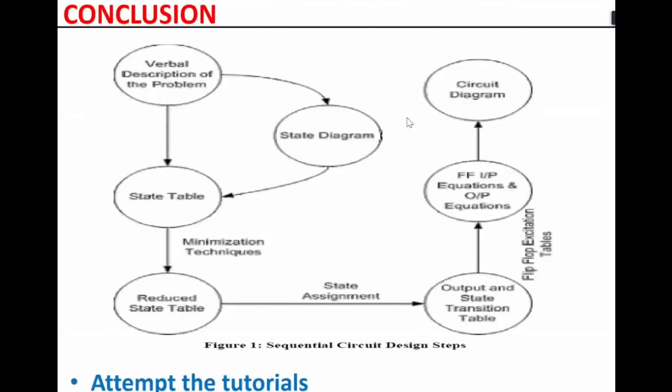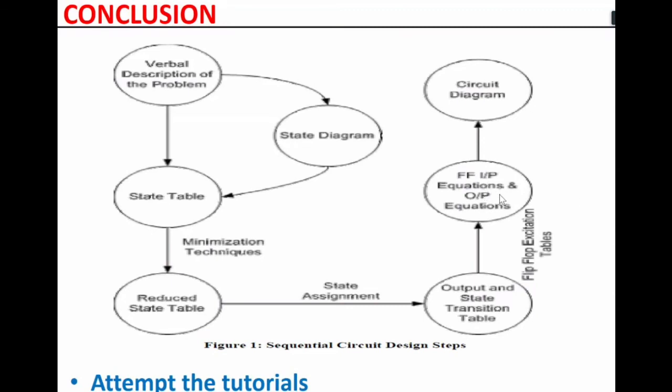So, in conclusion, analysis never changes. Those steps will always remain. You can use the table or the characteristic equation. The table is easier. You will be given the table. So, basically, in the analysis, you are given a circuit diagram. You have to look for your flip-flop input equation at the input and your output equation.